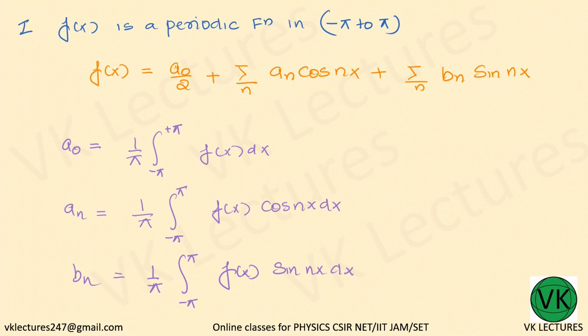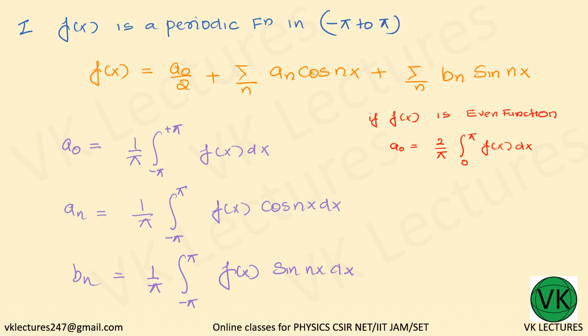Now here, if f of x is an even function, then a naught can be written as 2 by pi integral, instead of from minus pi to pi, this can be 0 to pi, f of x dx.